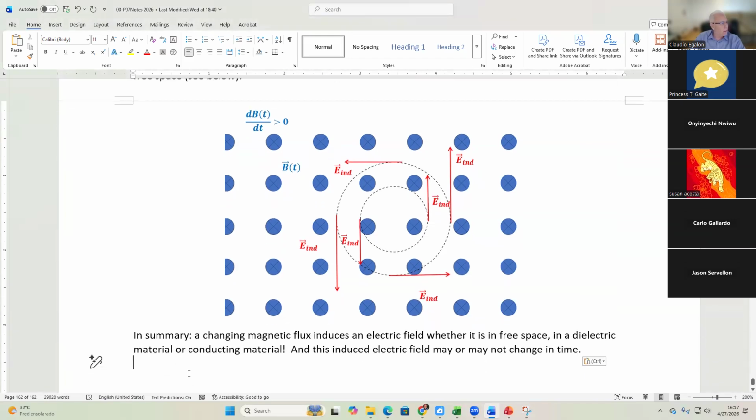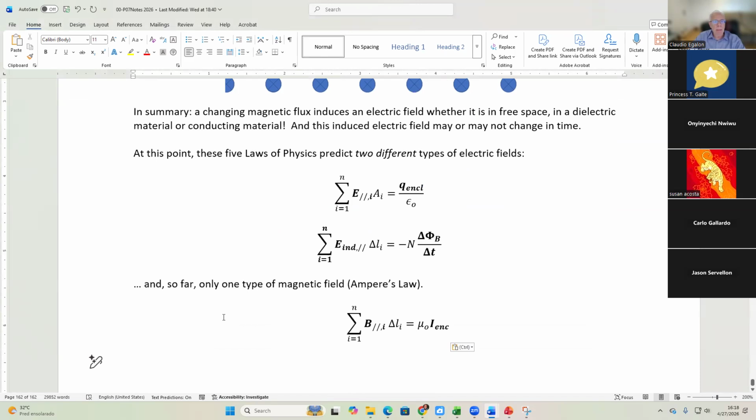So that's the conclusion here. Think now that we have two different types of electric field, but just one type of magnetic field. Four laws of physics.